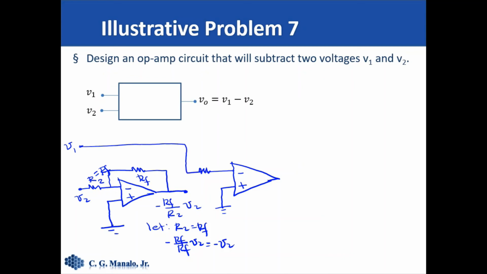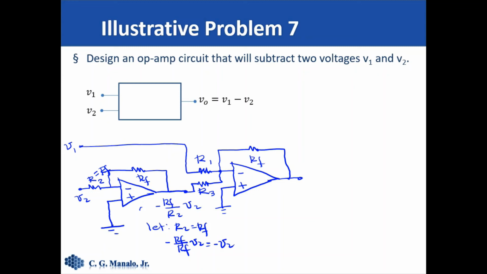So it will need a resistance. So let's say this is R sub 1. Okay. And the output of this first op amp also must have a resistance connected there. So let's call this R sub 3. Okay. And it will have a feedback. Let's call it also R sub F.